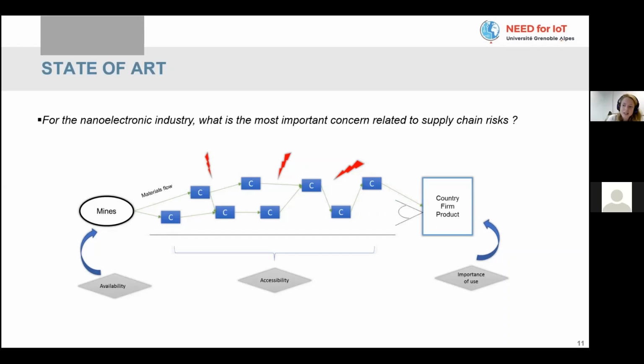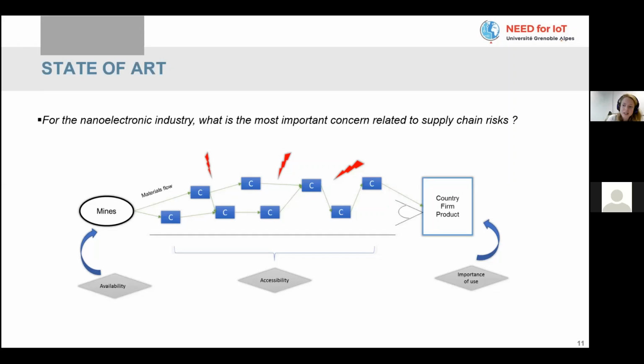The second dimension: if this material is important, is it accessible or not? For the accessibility, what may impact it? The undesirable events that will break my supply chain, so the material will not be accessible.